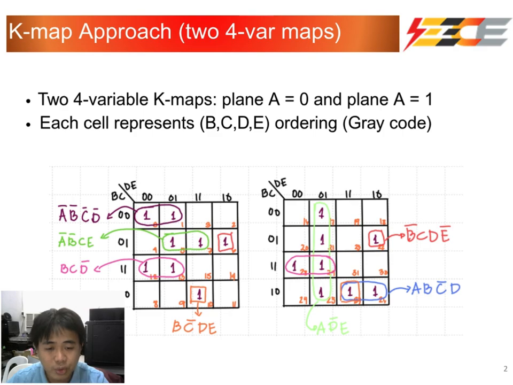On the A is equal to 1 plane, on the right, the tall green column of 4 cells gives A, not D, and E, while the red and pink pair gives B or not B, C, D, and not E. The blue pair yields A, B, not C, and D, and each group reduces the variables.